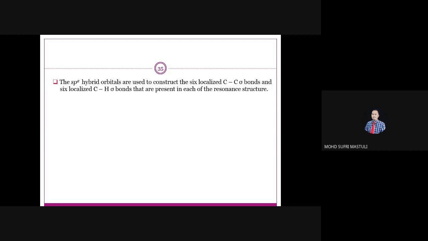So from the resonance structure of benzene just now, we can conclude they have sp2 hybrid orbitals used to construct 6 localized carbon-carbon sigma bonds and 6 localized carbon-hydrogen sigma bonds in each resonance structure.